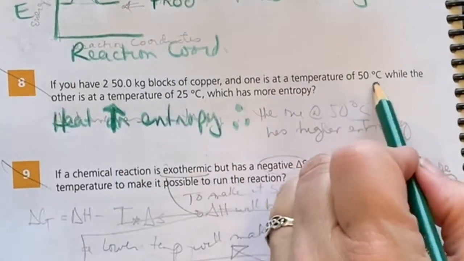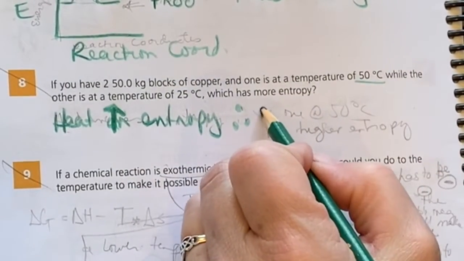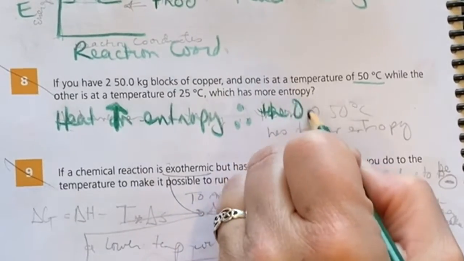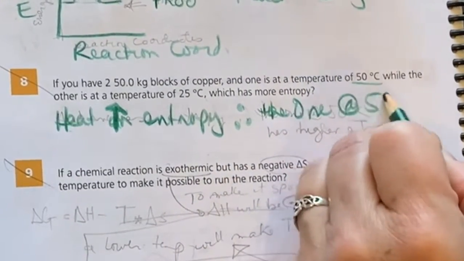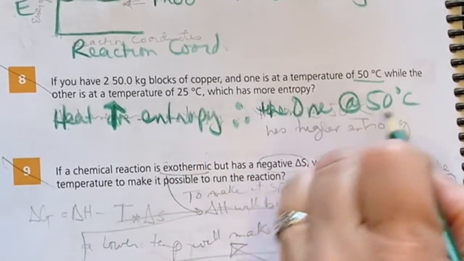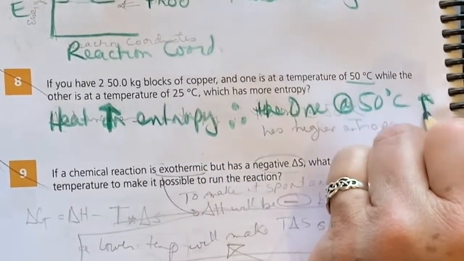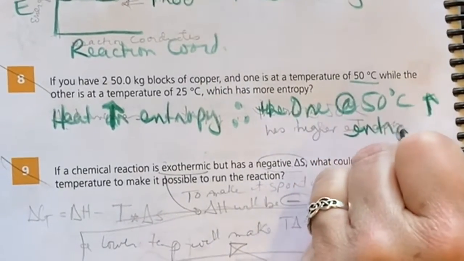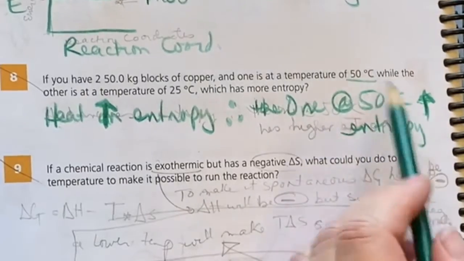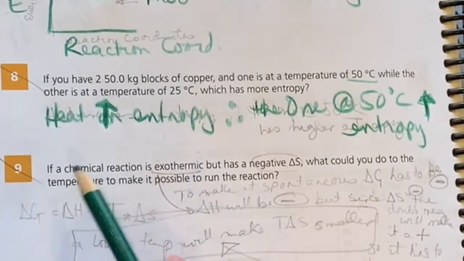Therefore, the one at 50 degrees centigrade has higher entropy. So the one that has the higher temperature is going to have higher entropy.